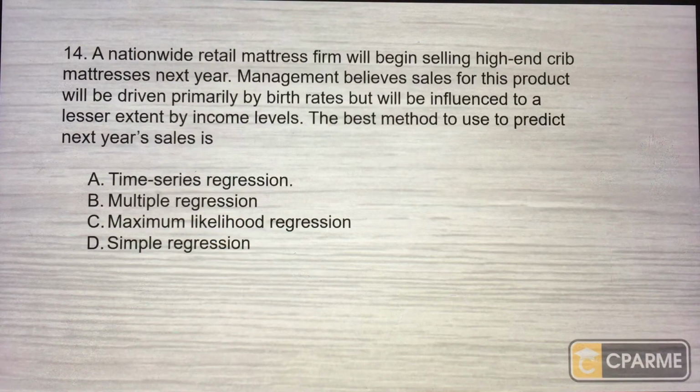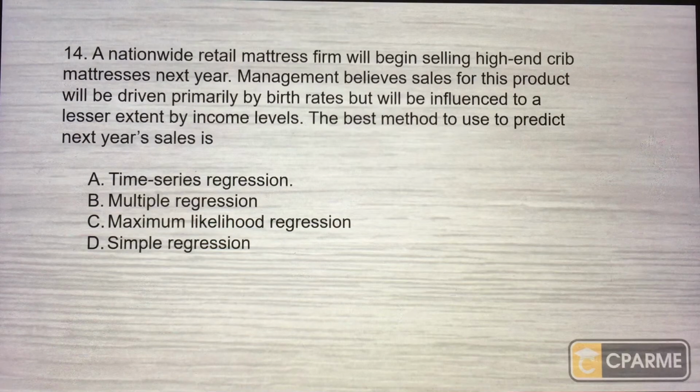Okay. The best method to use to predict next year's sales is a... A nationwide retail mattress firm will begin selling high-end crib mattresses next year. Management believes sales for this product will be driven primarily by birth rates, but will be influenced to a lesser extent by income levels.